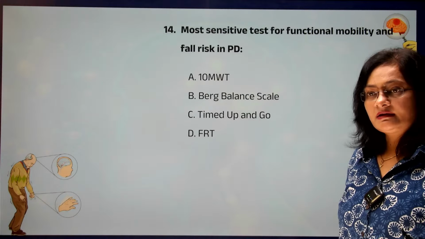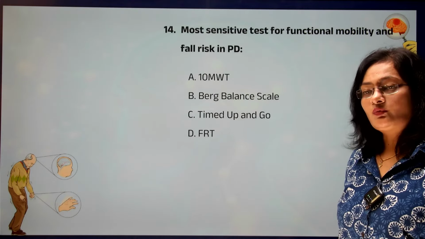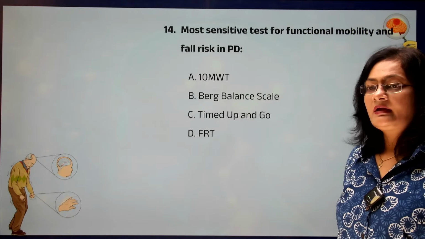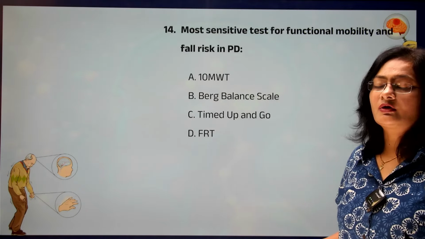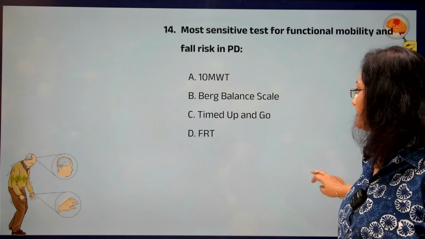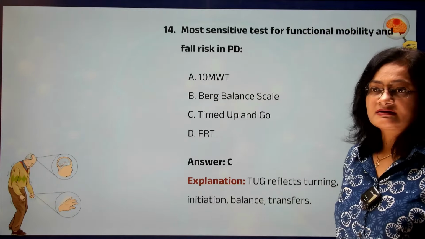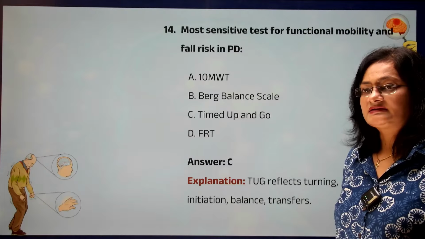Berg balance scale assesses the balance. Timed up and go test assesses the mobility and fall risk both. And the functional reach test assesses only the static or dynamic stability. So our answer will be C, timed up and go test. It assesses both functional mobility and fall risk in Parkinson's disease.